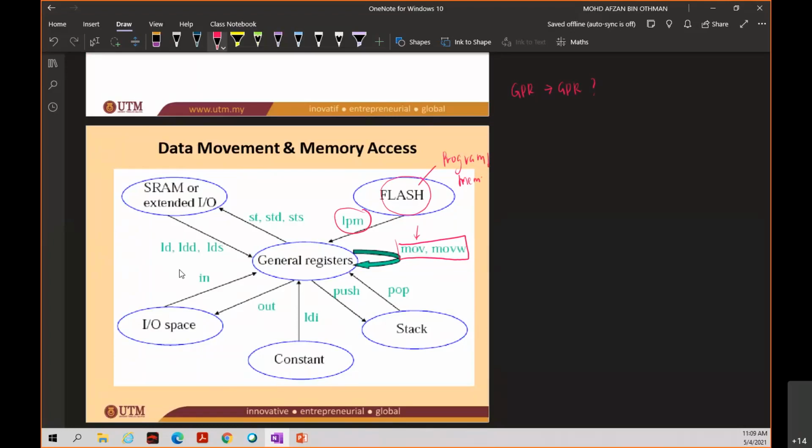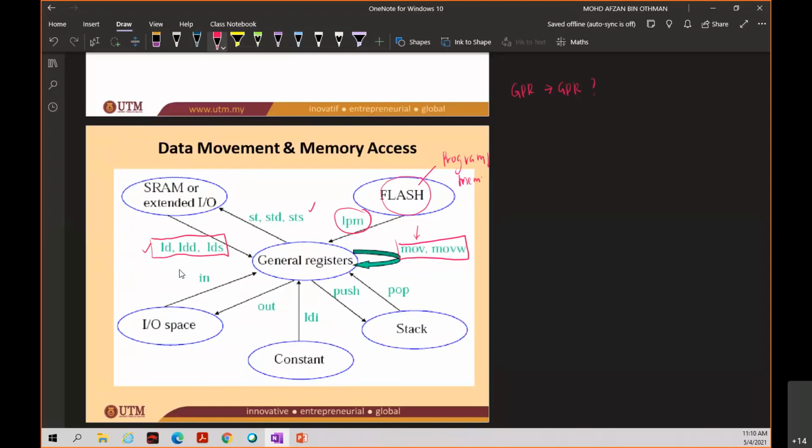Next, in order to move data from GPR to RAM, or from RAM to GPR, we can use these instructions. To load data from RAM to GPR, you can choose from these 3 instructions: LD, LDD, and LDS.